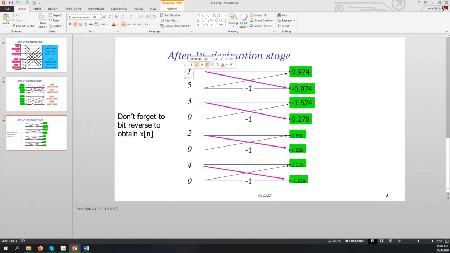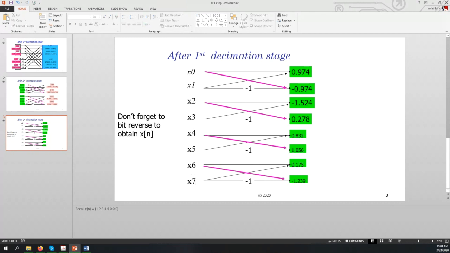And each one of these terms here, let me refer to this as x0, x1, x2, and x3 and so forth. So x0, say this one was x1, x2, x3, x4, x5, x6, x7.